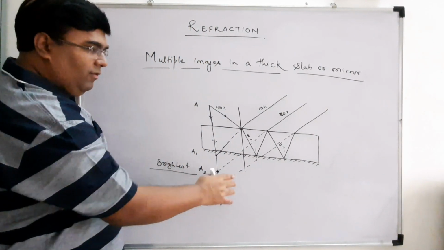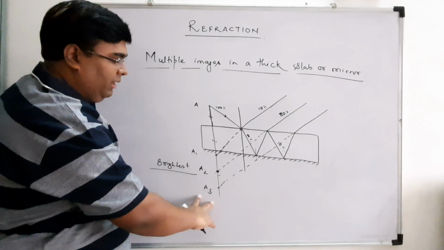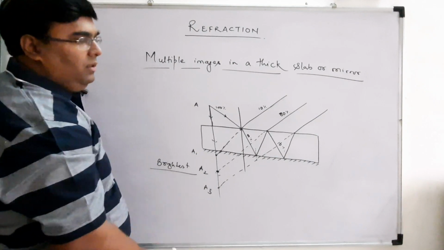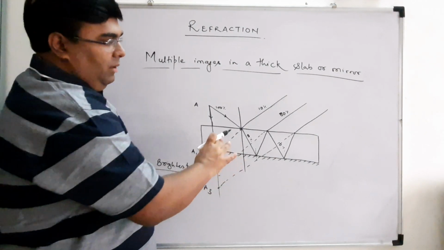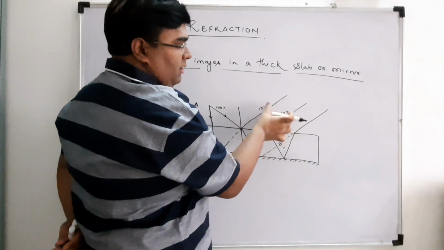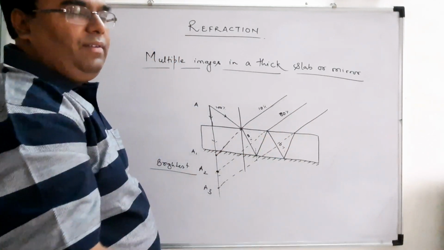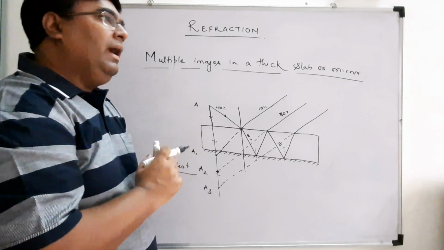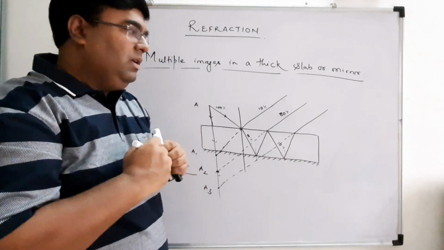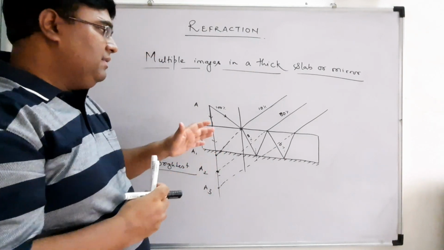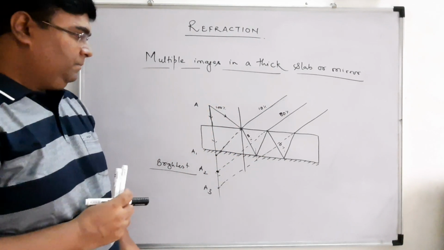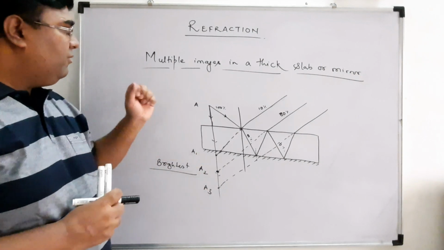These will all be lighter images, so A2 will be the brightest. Now look, in the diagram I have shown that these rays are very far away from each other, but practically they are very close to each other and reach our eyes at the same time, and hence we see the multiple images at the same time. Okay, that is the concept of multiple images.